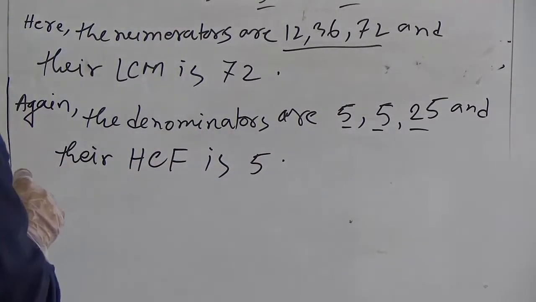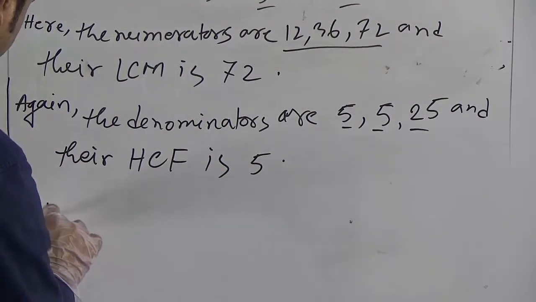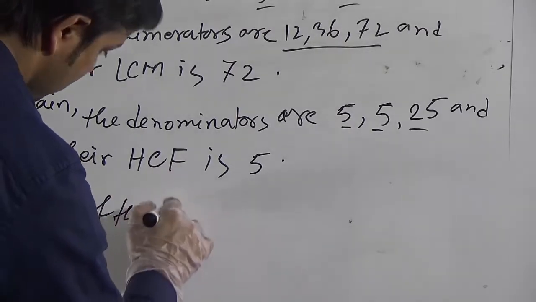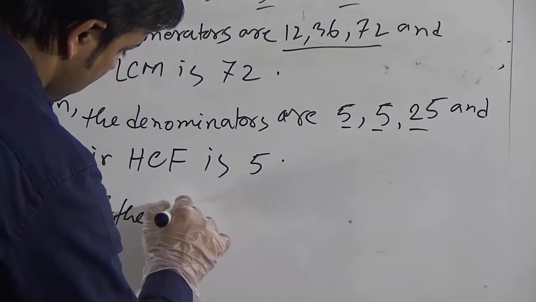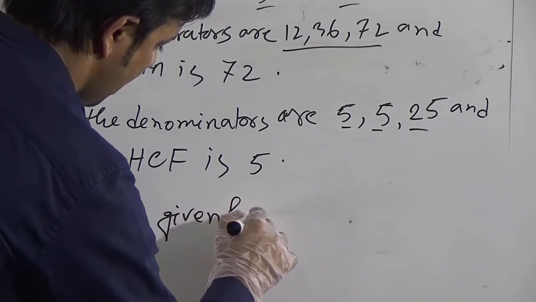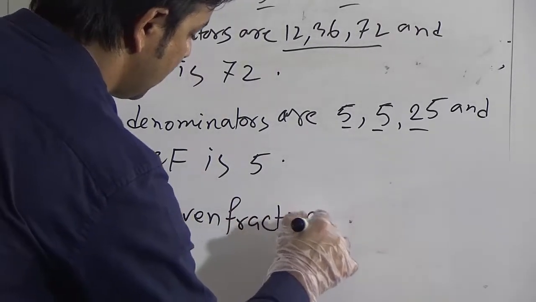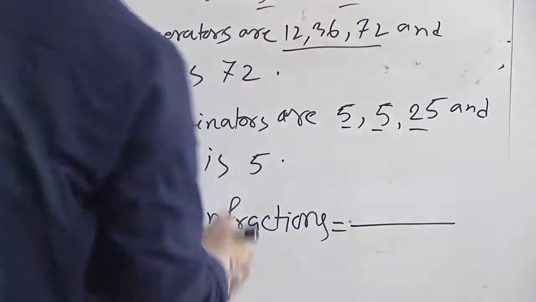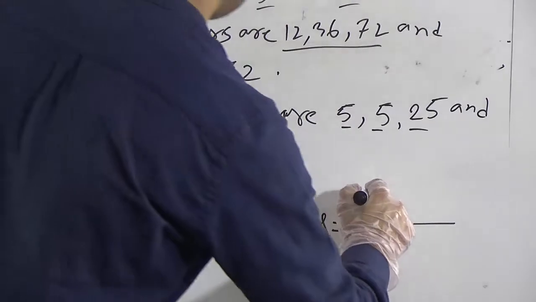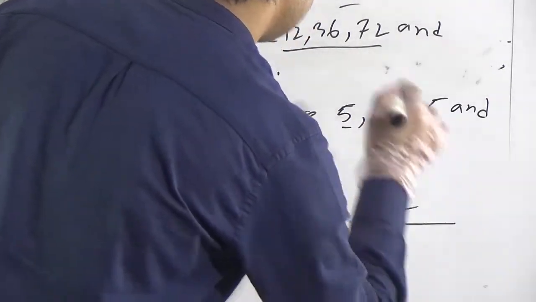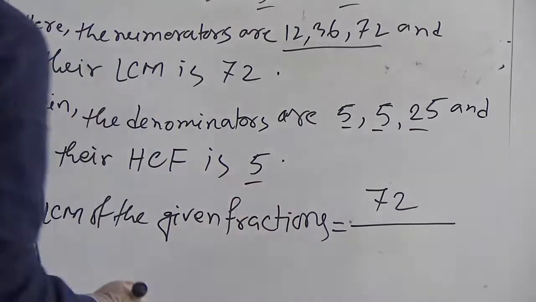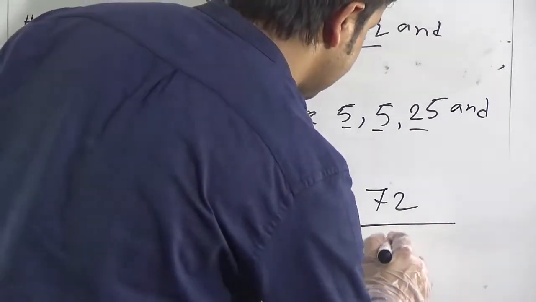So we can say the LCM of the given fractions will be equal to, here we have to take the LCM of the numerators in numerator according to the formula and HCF of the denominators we have to take in denominator.